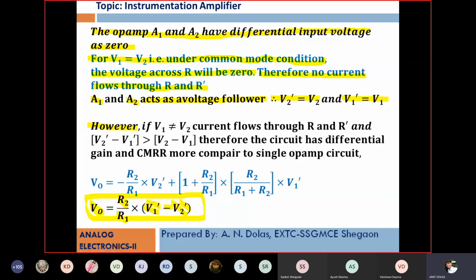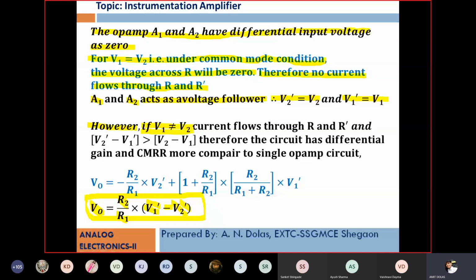Means in this case, the output becomes 0 because the common signal to the instrumentation amplifier gets cancelled or rejected. That is called high CMRR. Now moving to the next step. However, whenever V1 is not equal to V2, हमने तीन कंडीशन देखे थे.